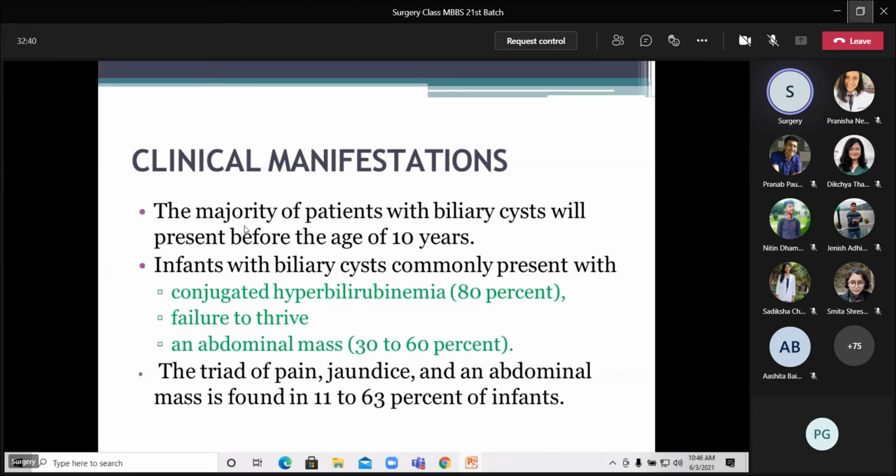The incoordinated sphincters will give rise to stasis, and conjugated bilirubin will rise, with failure to thrive and an abdominal mass. The triad of pain, jaundice, and abdominal mass is found in up to 63% of infants with choledochal cyst.